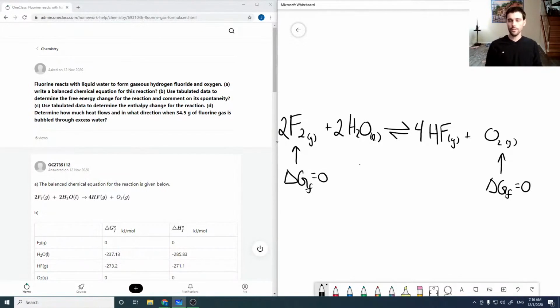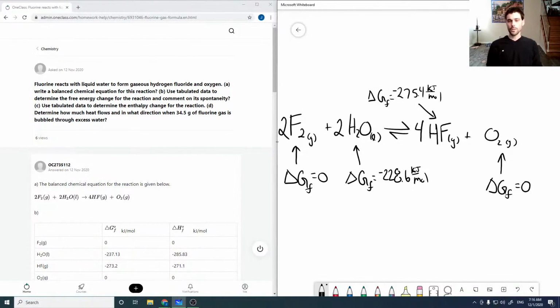For liquid water, what I found is delta GF is minus 228.6 kilojoules per mole. And for HF, I found that delta GF is negative 275.4.